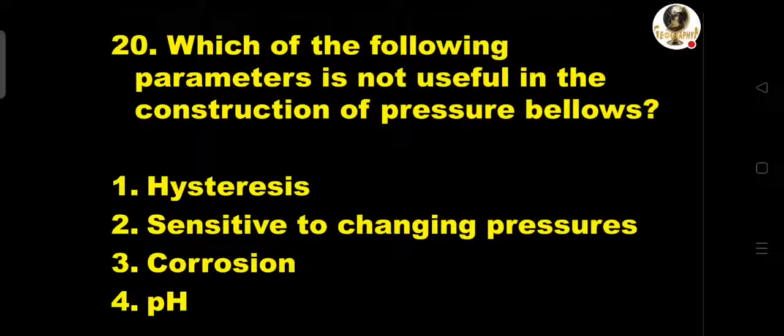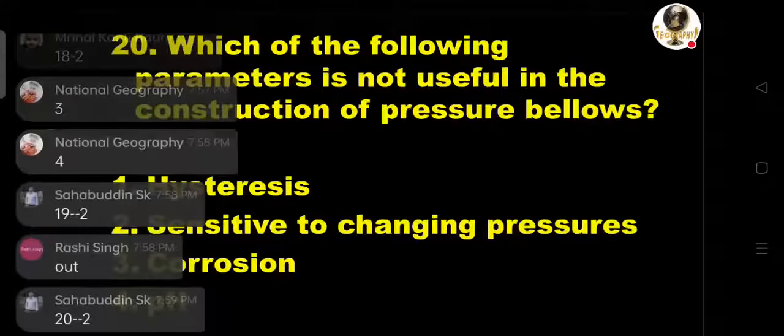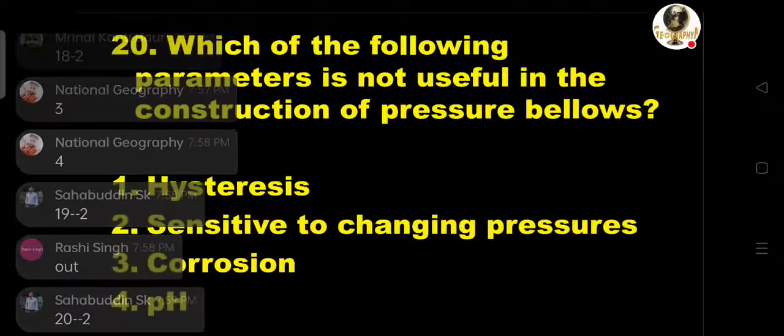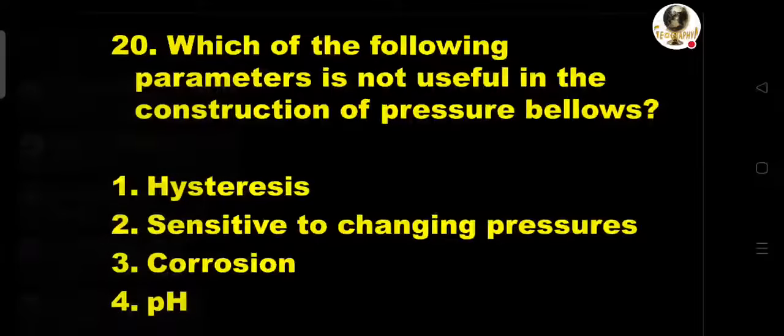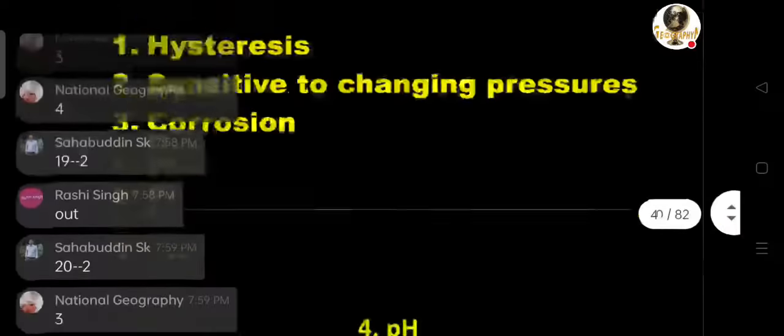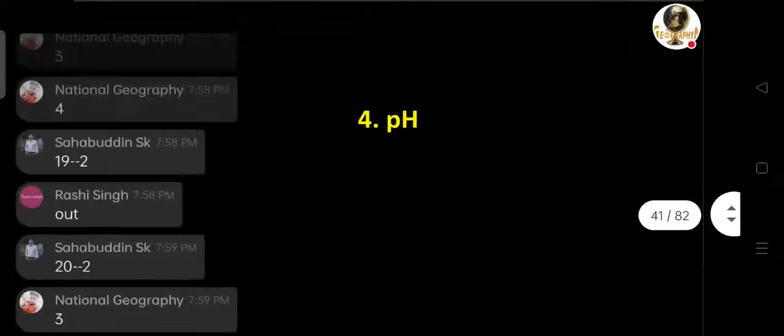The parameters kept in mind while constructing pressure vessels are hysteresis, sensitivity to change in pressure, corrosion, range of pressure, fabrication, and fatigue on dynamic operation. So the answer is pH, option 4.